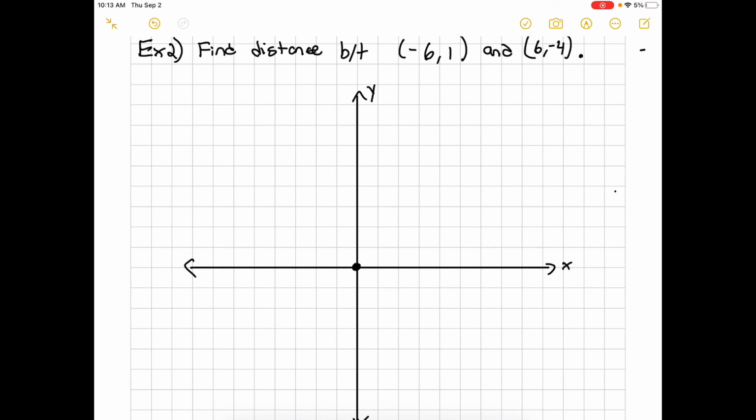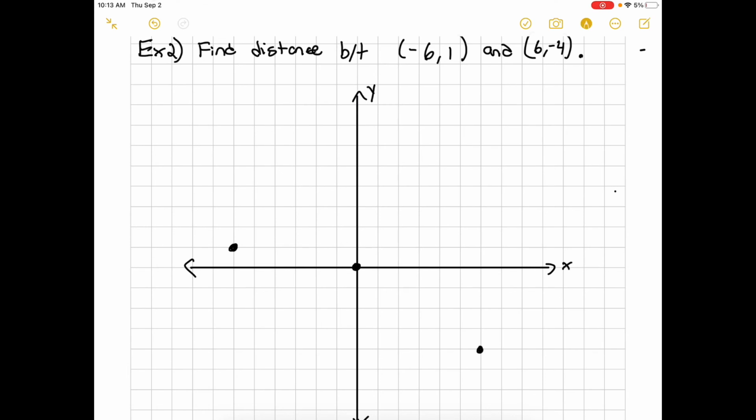Okay, example 2, find the distance between -6, 1 and 6, -4. So we're going to go left 6 and up 1. Put a point. And we're going to go right 6 and down 4.